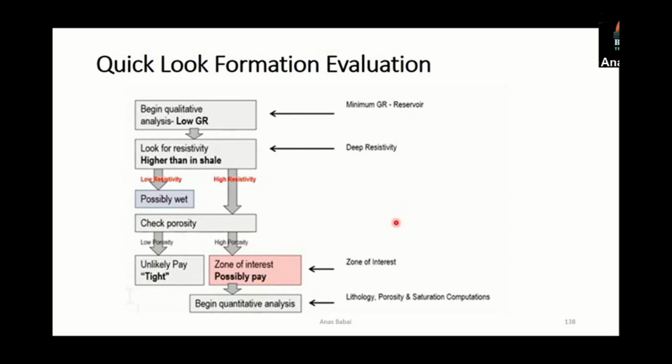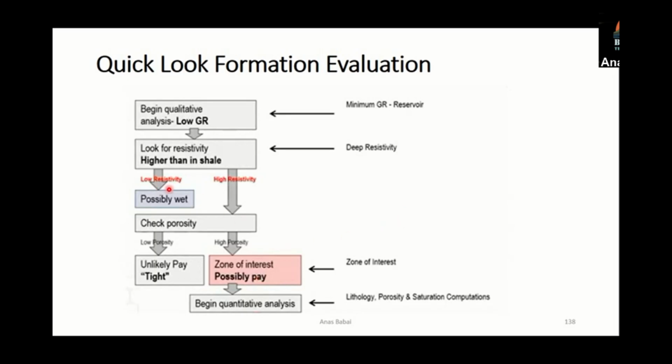So the first thing we consider is to identify the zones of low gamma ray, which are considered reservoir rock. After that, we look at the resistivity to see the intervals with high resistivity, because hydrocarbon is more resistant than water. Water is less resistant, so we expect the zones which contain hydrocarbon to show high resistivity values. This is the second step.